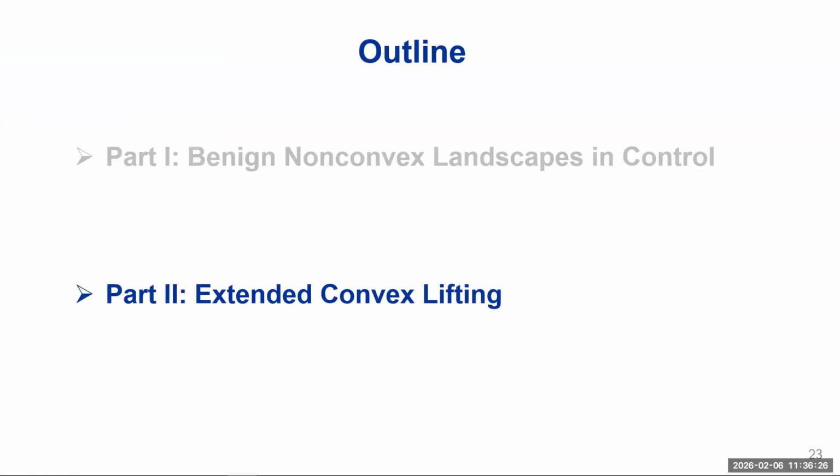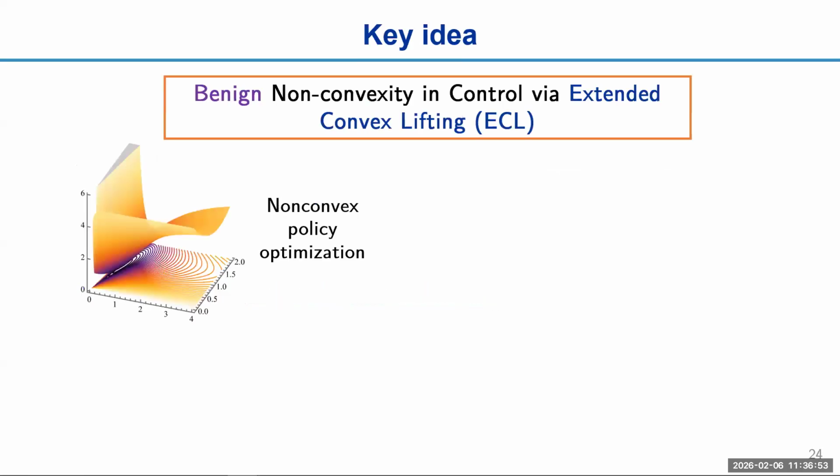All right, so we talked about some benign non-convexity, and you may be wondering whether there should be a reason. Like Professor Zheng Li mentioned, this property may not be universal. Of course, it may not be universal; you can find a very simple non-convex function that will not have this property. So in the second part, I'll show you the reason I believe, also a very simple reason, behind the benign non-convexity we mentioned earlier in the first part.